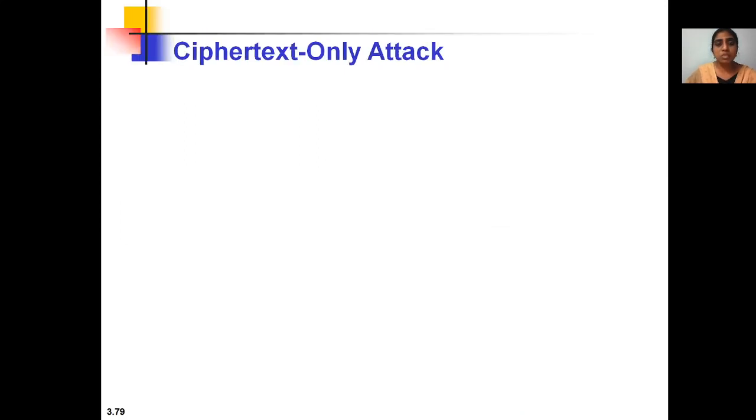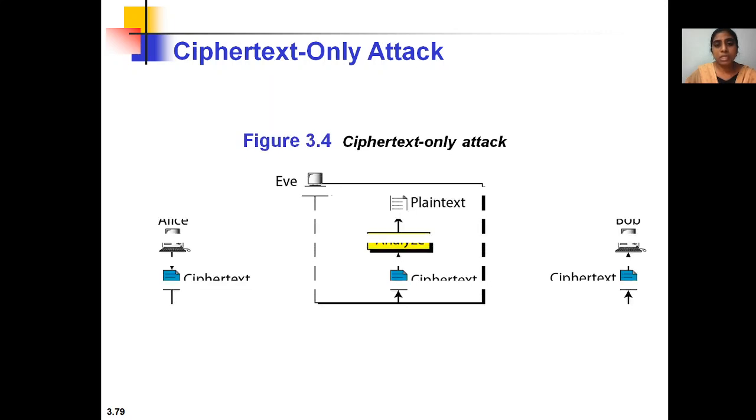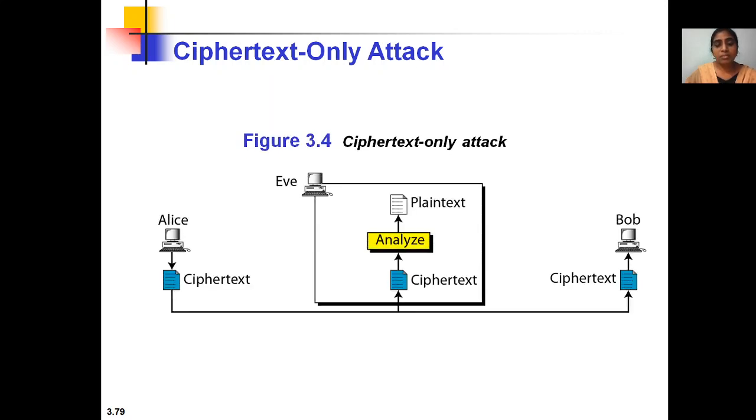Coming to the first one, the ciphertext only attack. You can see the model here. The message is sent from the sender to the receiver.